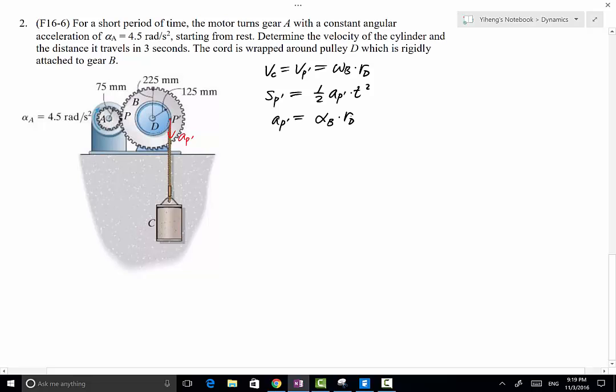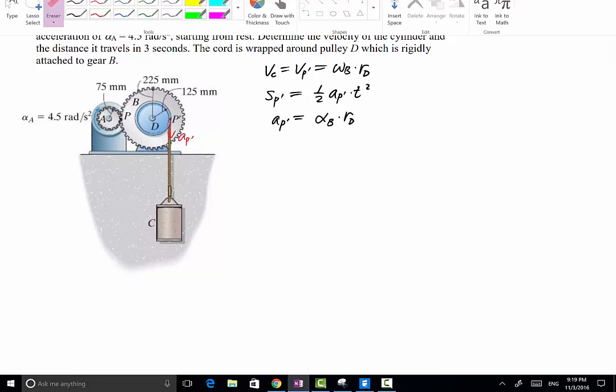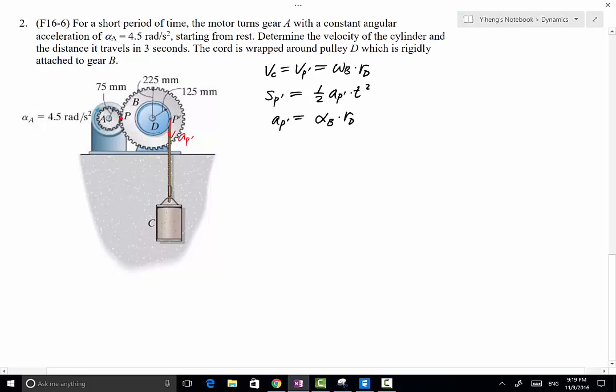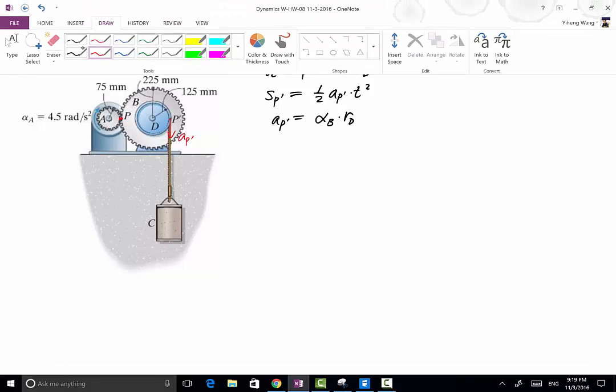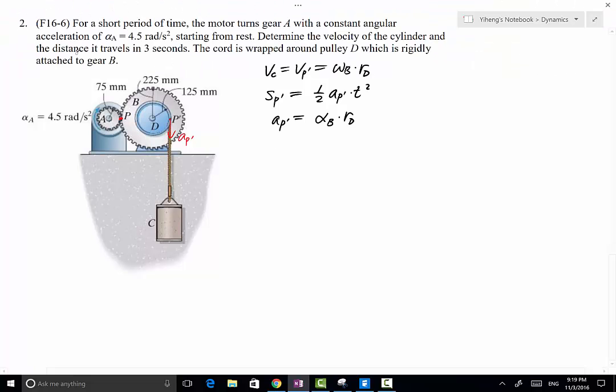So that's the plan, but we are only given the angular acceleration of gear A. However, notice that point P is the point of contact between gear A and gear B. Therefore, the linear velocity of point P is always the same, and it can be determined either from gear A as omega A times Ra, or from gear B, which is omega B times Rb.